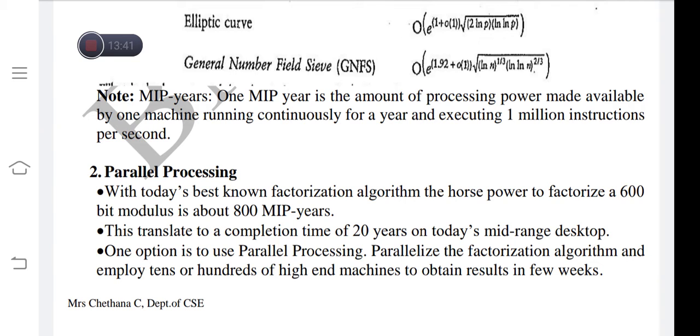This is the time complexity with available factorization algorithms today. So one option is to use parallel processing, which parallelizes the factorization algorithm and employs tens or hundreds of high-end machines to obtain the results in a few weeks. That is the advantage of parallel processing.